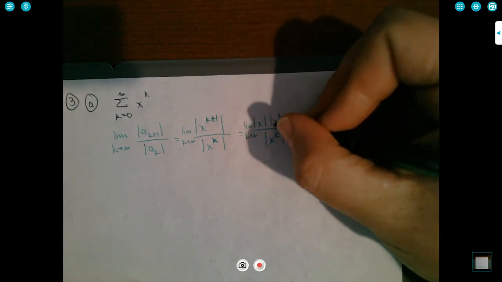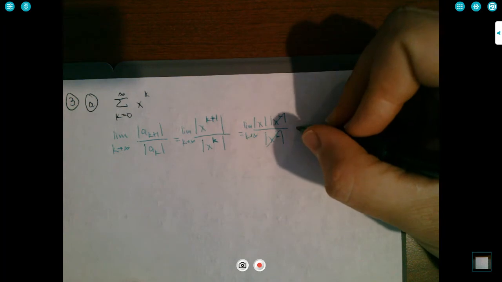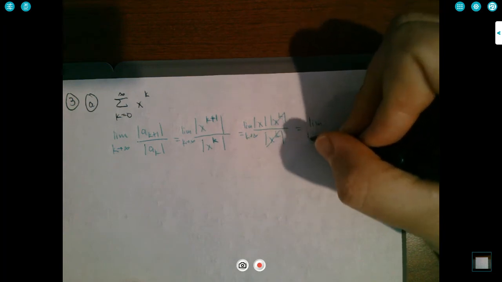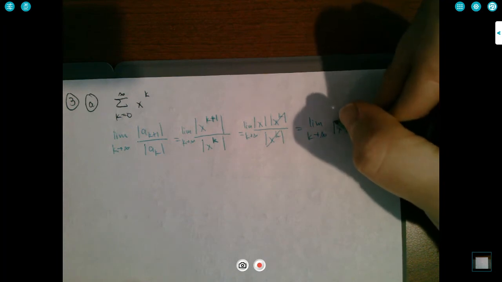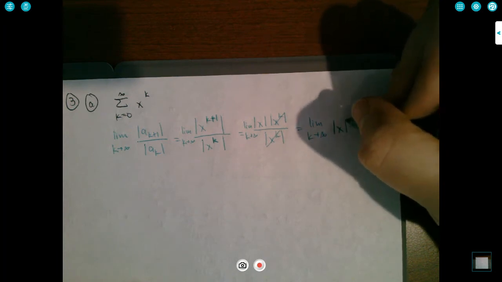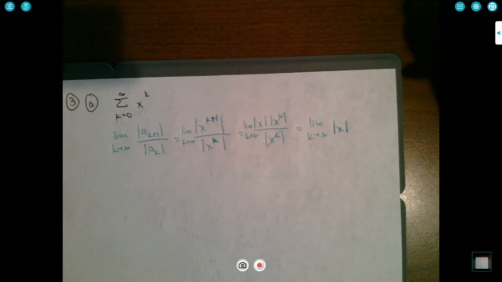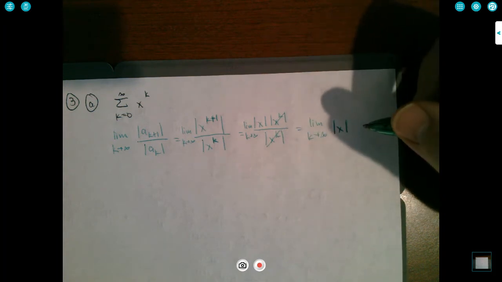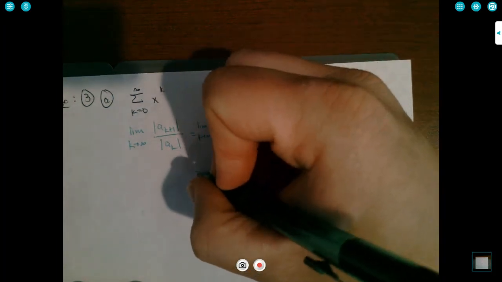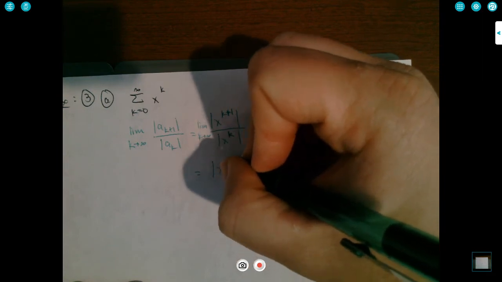Okay, but those cancel. So this is just the limit as k approaches infinity of the absolute value of x. So the limit as k approaches infinity of the absolute value of x just equals the absolute value of x.